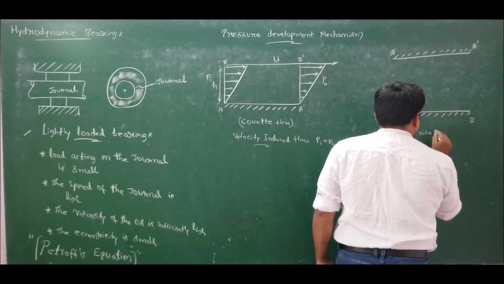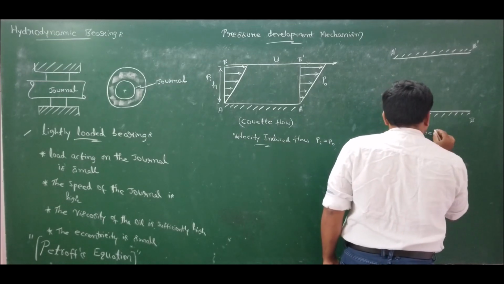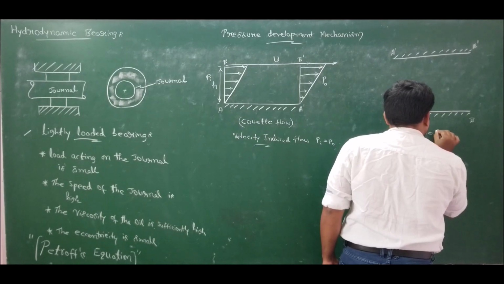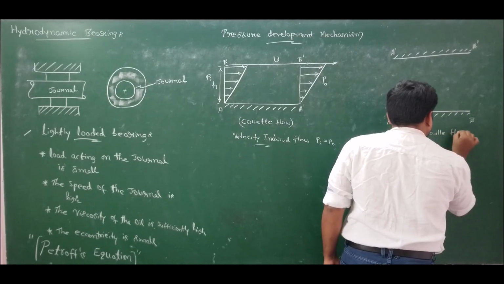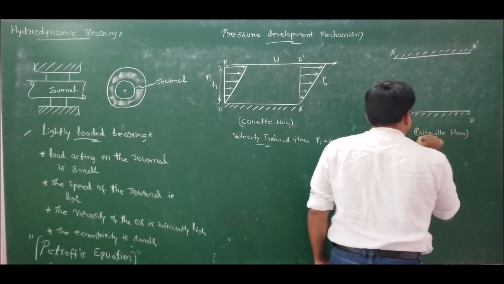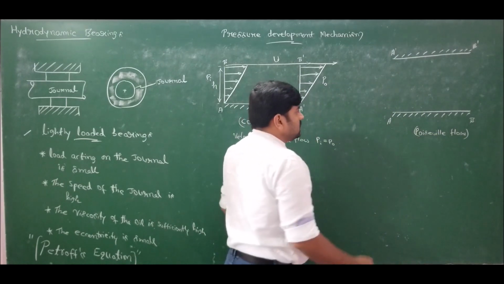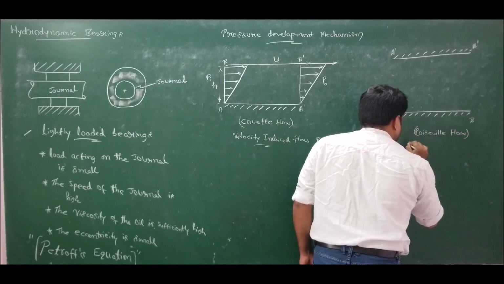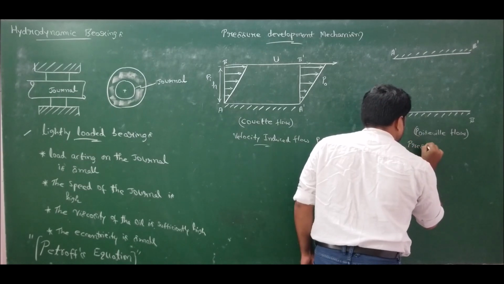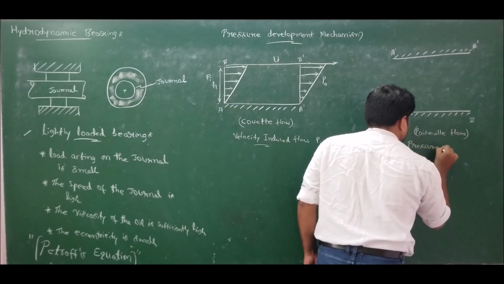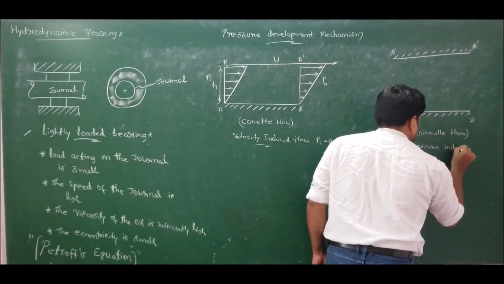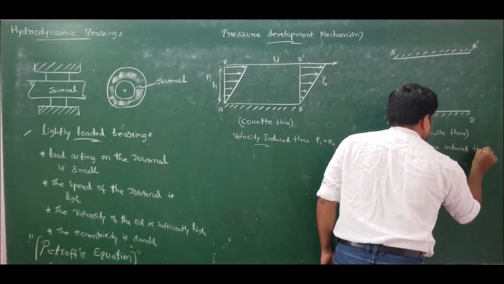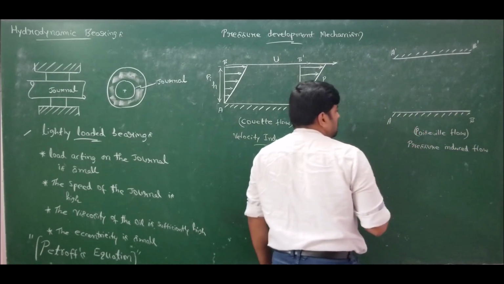You have also learnt this in your UG course on fluid mechanics. Poiseuille flow is because of pressure difference. This is pressure induced flow.